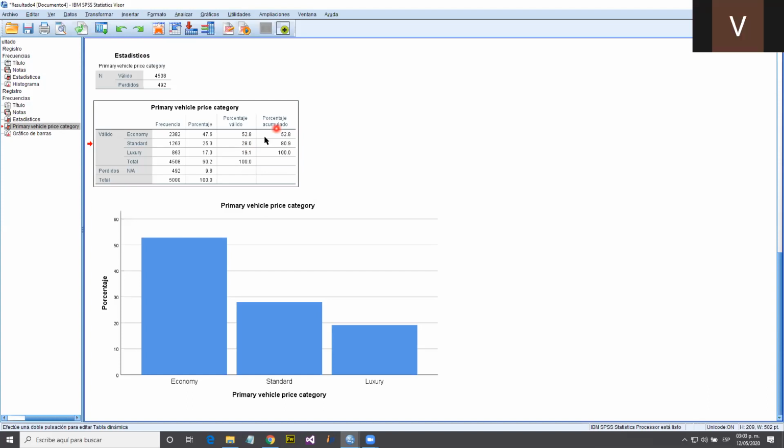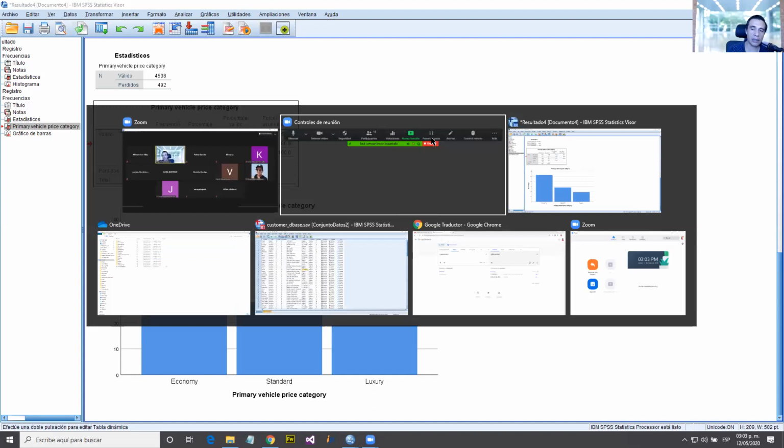So it's kind of the sum of the percentage that shows economy, that is 52, plus the ones that show standard, and that gives us 80.9. Exactly, you said it better than me.